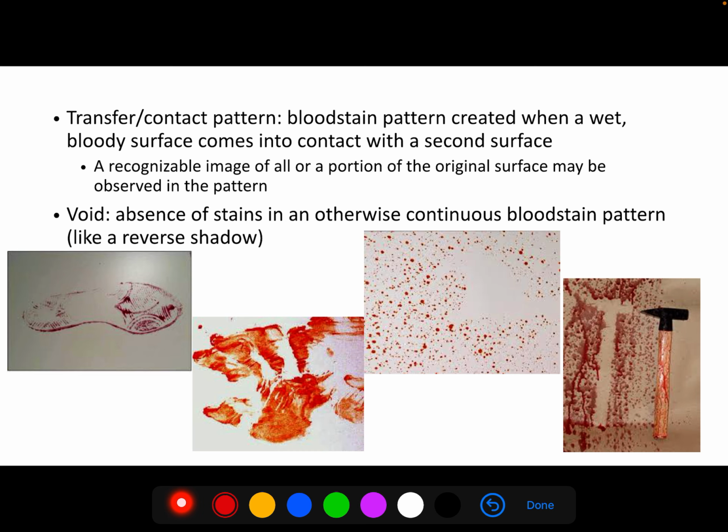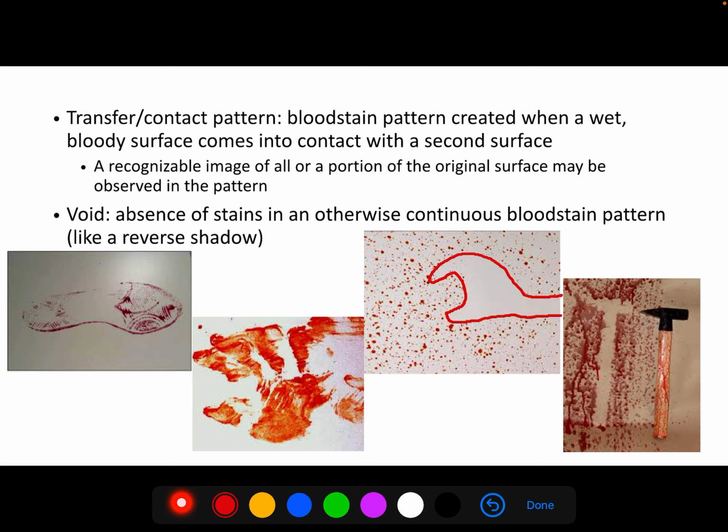If we look at the third picture, there's blood droplets everywhere except for this middle region. And if we kind of trace that void, we can see that this is the end of a wrench, is what that would be. So there was a weapon there that was then removed. We can also see that in the picture on the right.